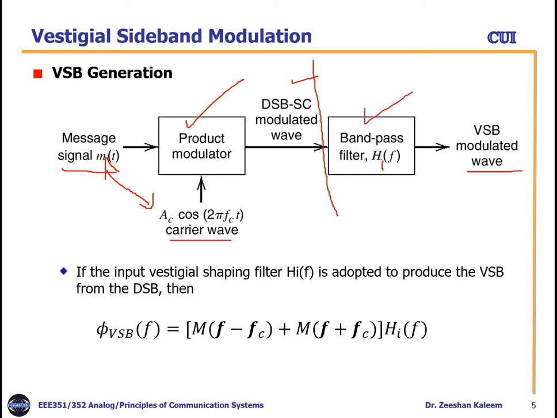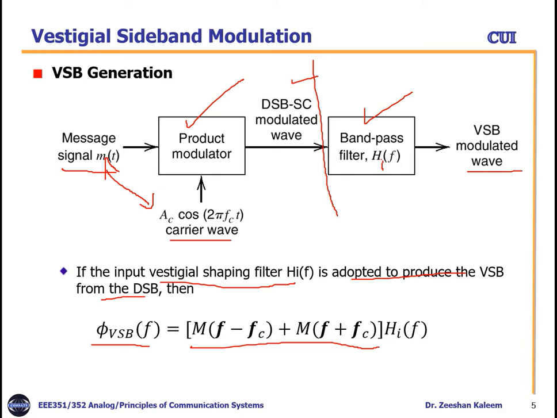If the input of the vestigial shaping filter is adapted to produce the VSB from the DSB, then the VSB transfer function should look like this one. This is similar to the double sideband modulated signal. The only difference is the half, so we ignore that one because we consider that at the input we are multiplying by 2, right, to balance this out.